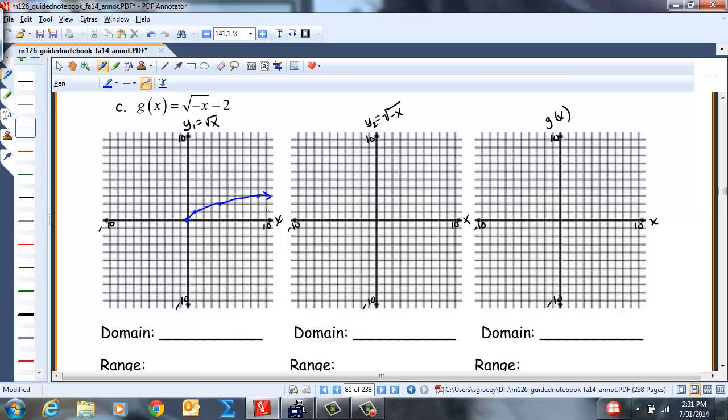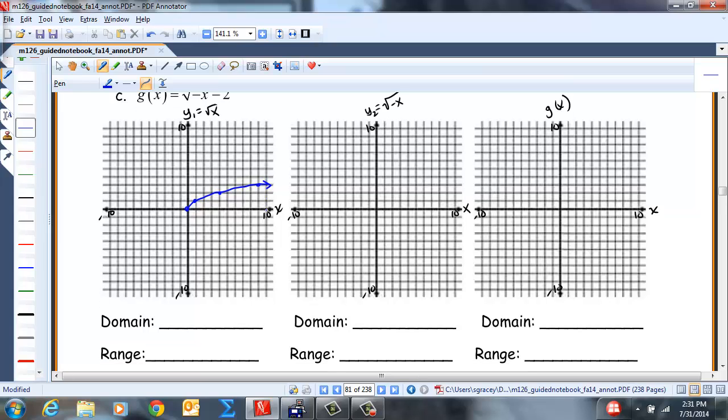So the domain and range for this guy, as we've done before, 0 to infinity, 0 inclusive. Now this guy we're going to be reflecting across the y-axis, so we'll still have a point at 0, 0, but we'll be reflecting about the y-axis.